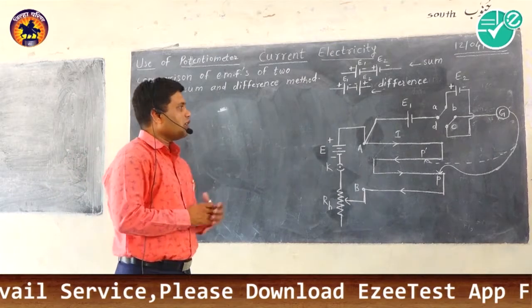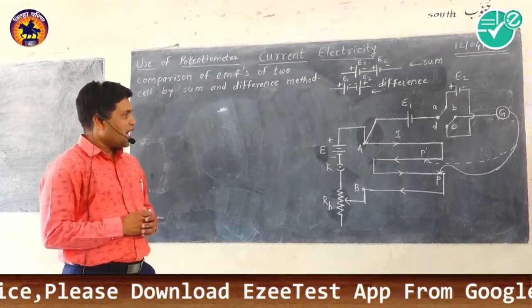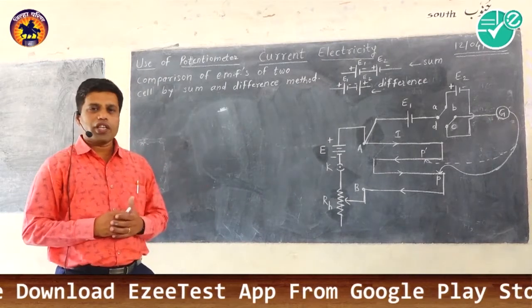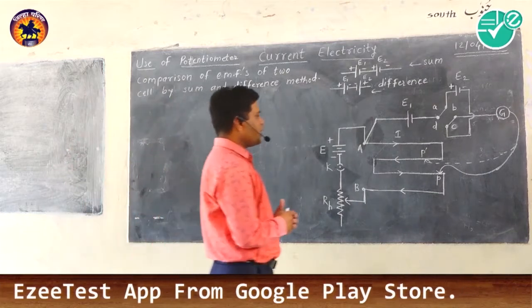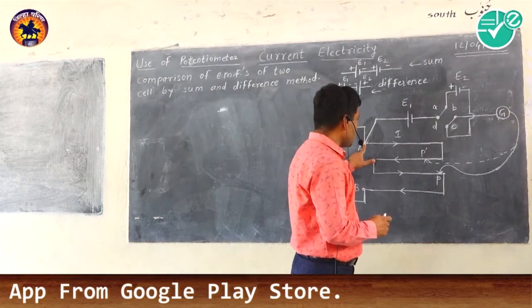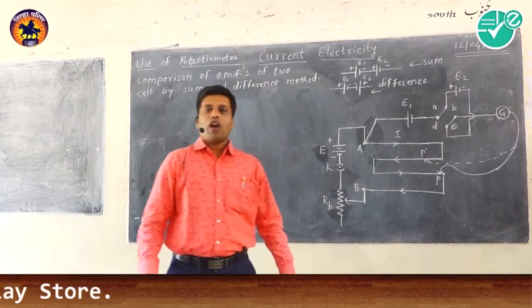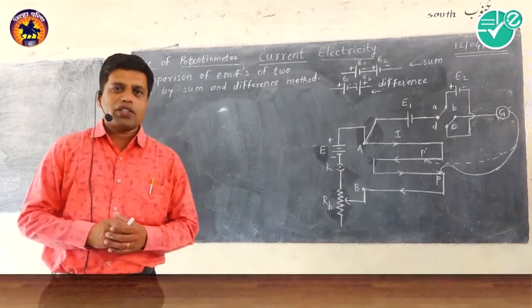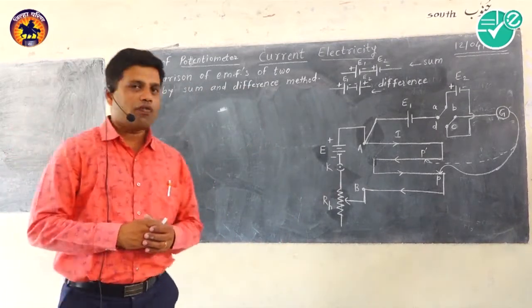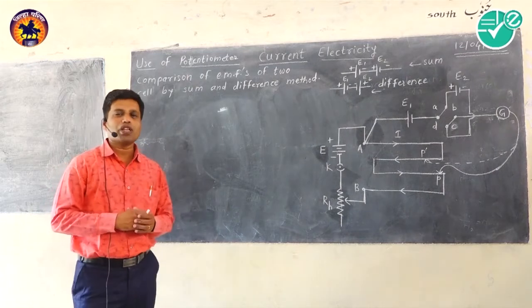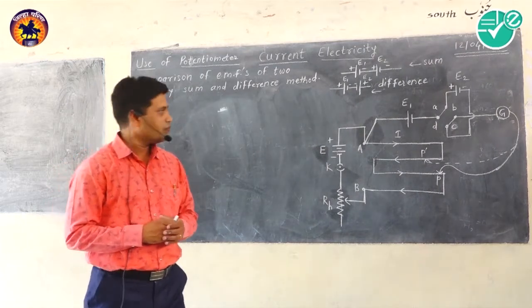Now, after connecting the keys A and C of the four-way key, you have to slide the jockey from point A on the potentiometer wire, such that you get a point on the potentiometer wire for which the galvanometer shows zero deflection.